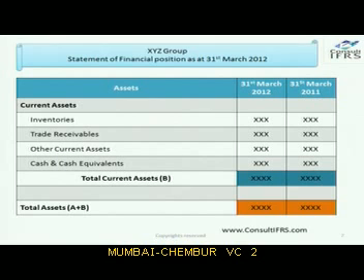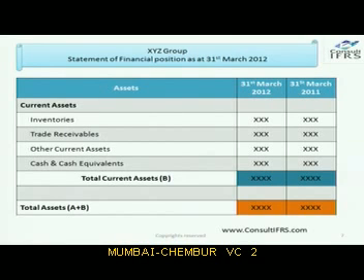Current assets include inventories and trade receivables. How to manipulate trade receivables? Sorry, I will be using the word manipulate many, many times. Trade receivables were nicely manipulated.